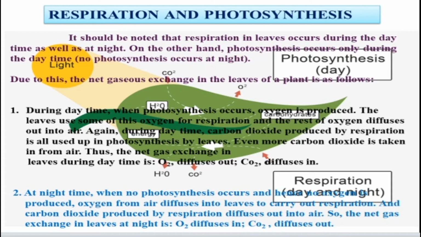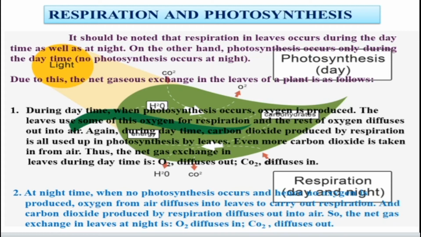Some of the oxygen is used for respiration and the rest diffuses into air. Photosynthesis produces oxygen, and a little of it is used again for respiration.